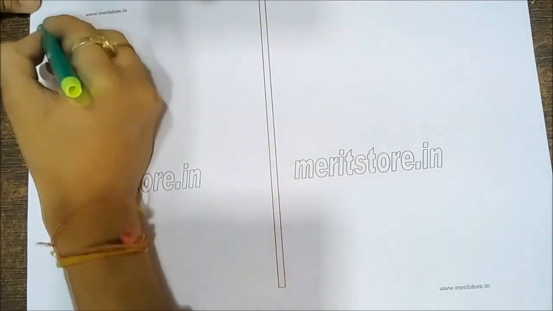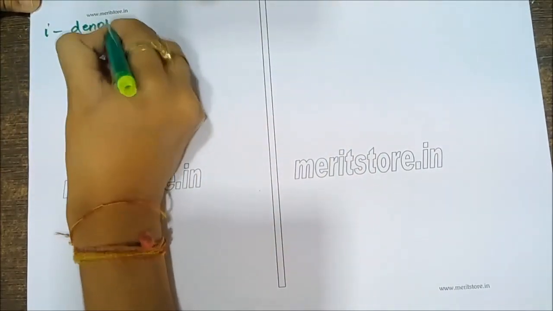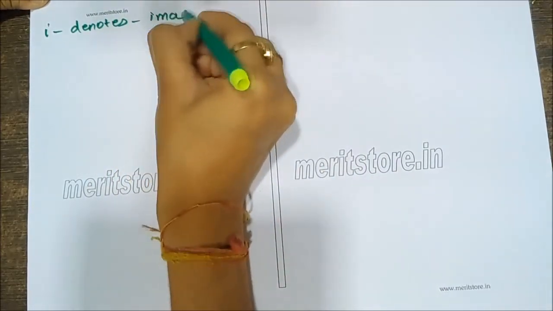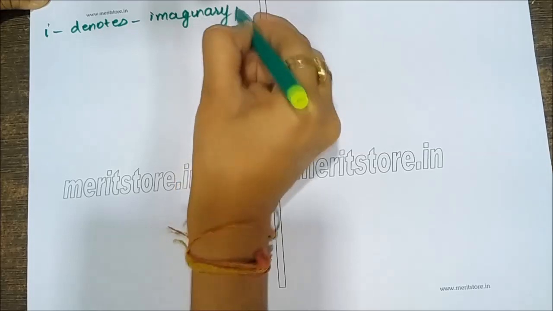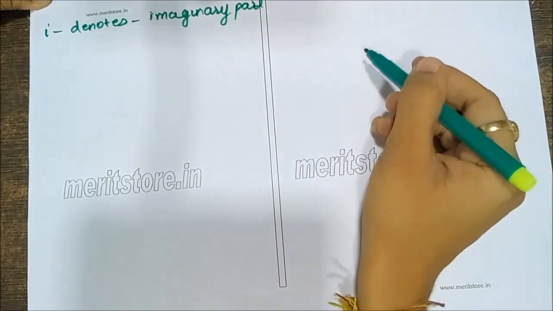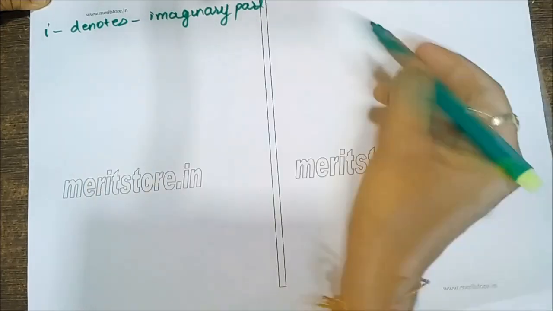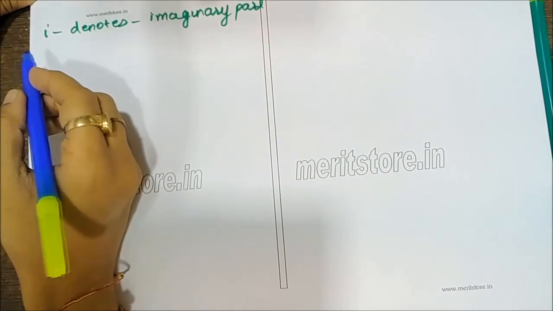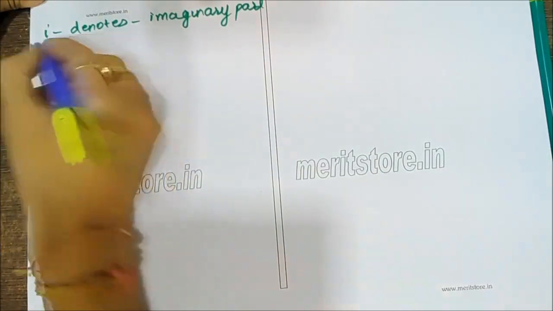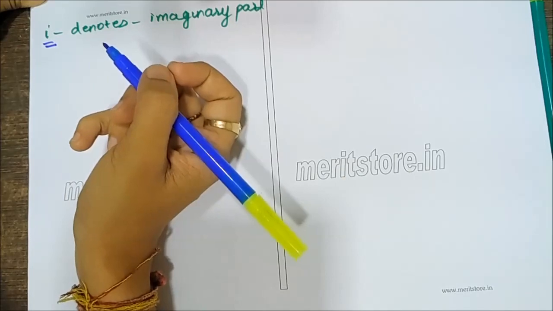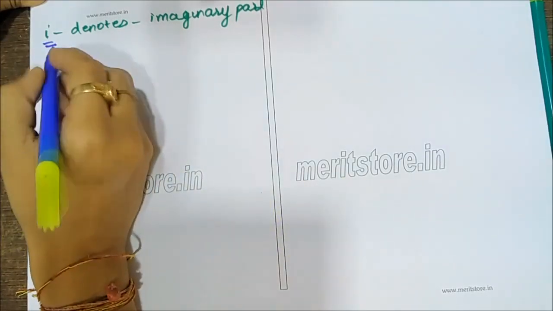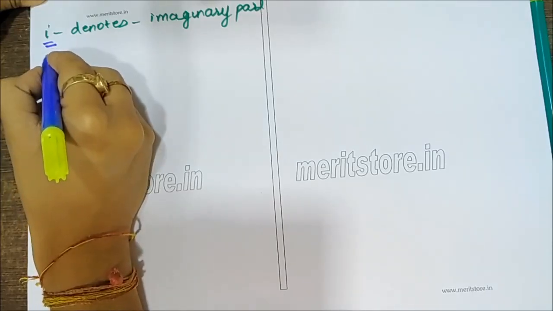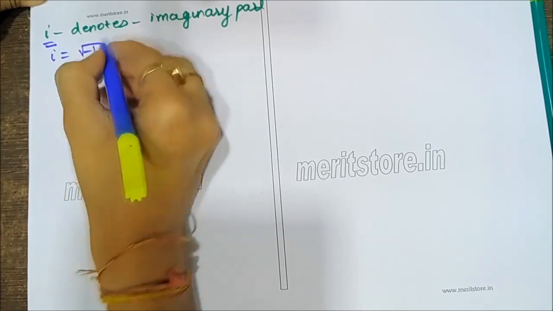So i denotes your imaginary part. Again, starting with i, as I said, i denotes the imaginary part, and this imaginary part was i representing root of minus 1.